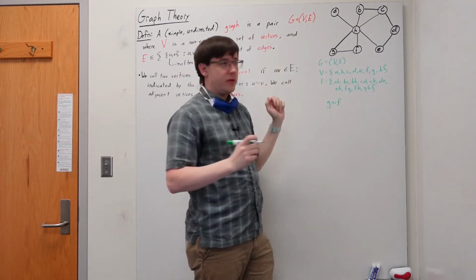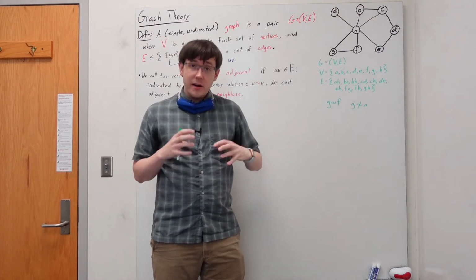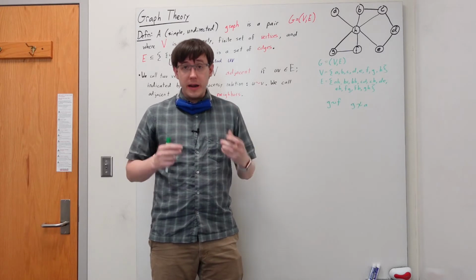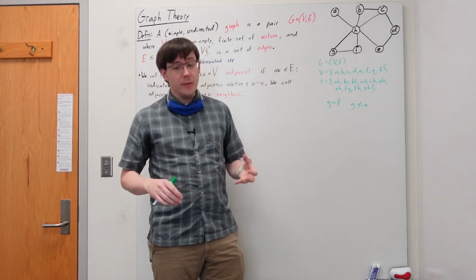And so as an example, in this graph, we have that G and F are neighbors, but G and A are not neighbors. We can also talk about the set of vertices that are neighbors of a given vertex, and we call that set the neighborhood.